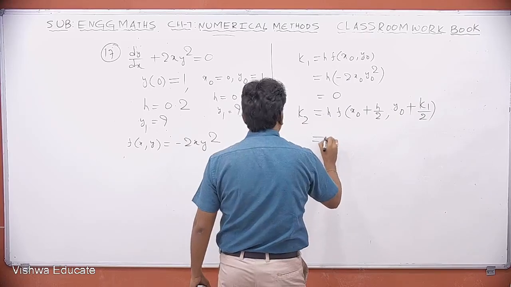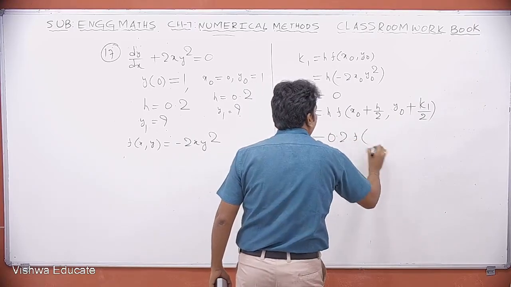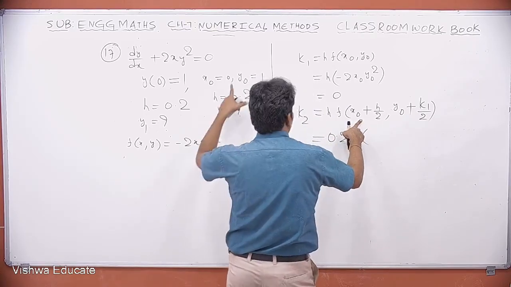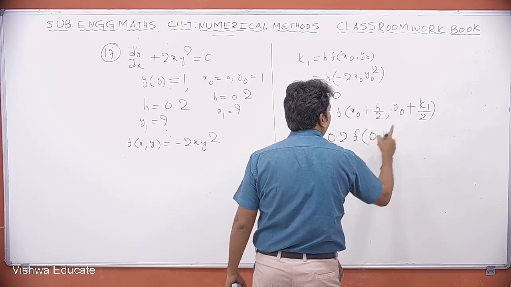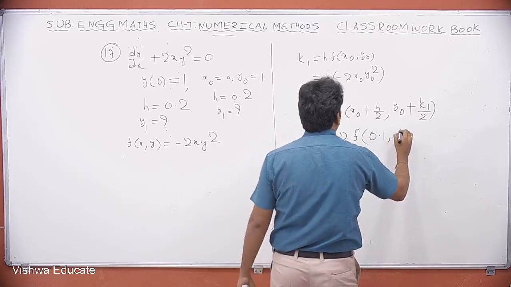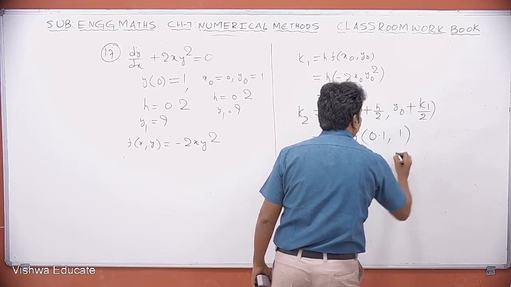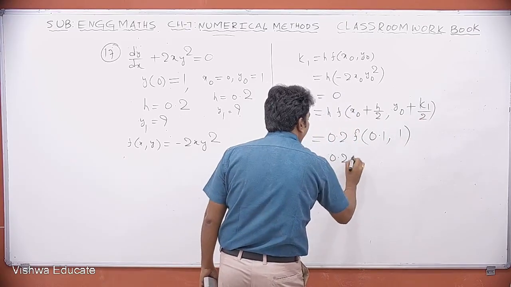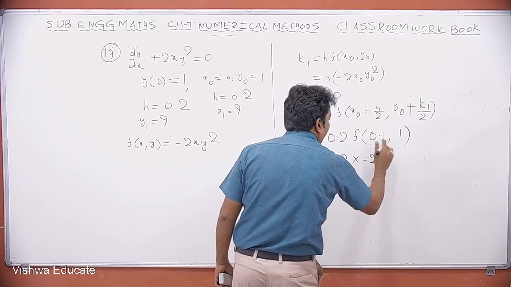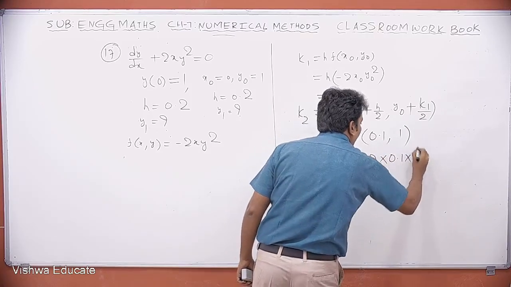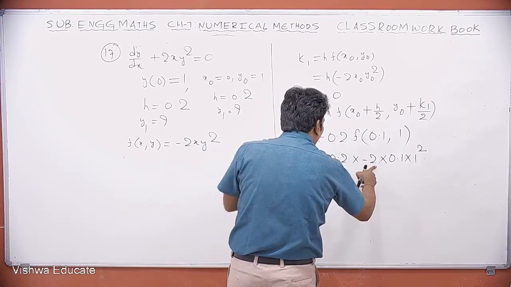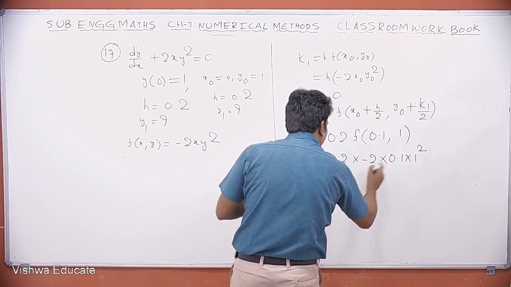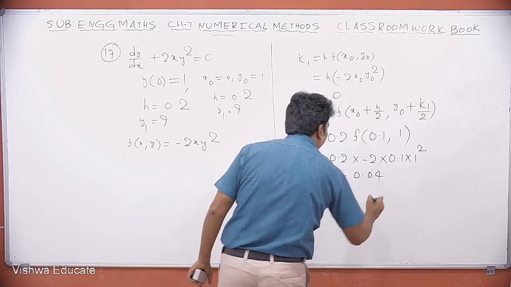So h value is 0.2, f of 0.1, y naught value is 1. So this is 0.2 into minus 2 into 0.1 into 1 square. So this is minus 0.2 into 0.2, so this is minus 0.04.